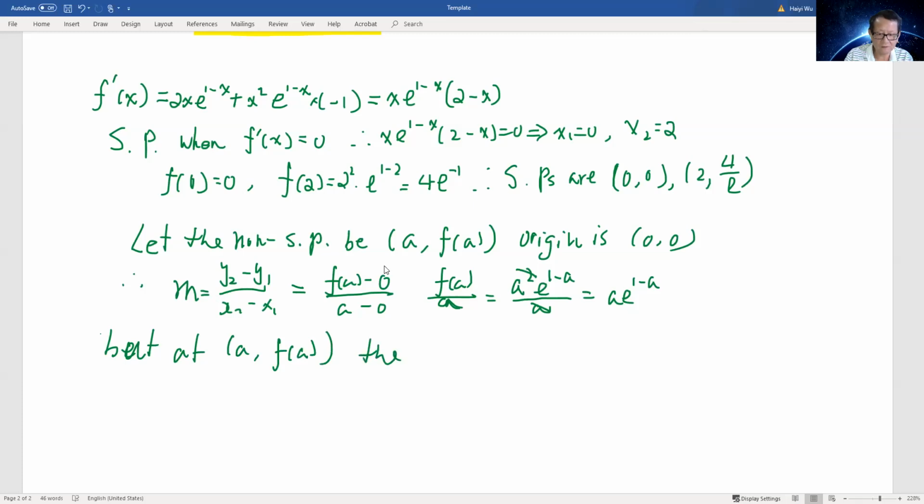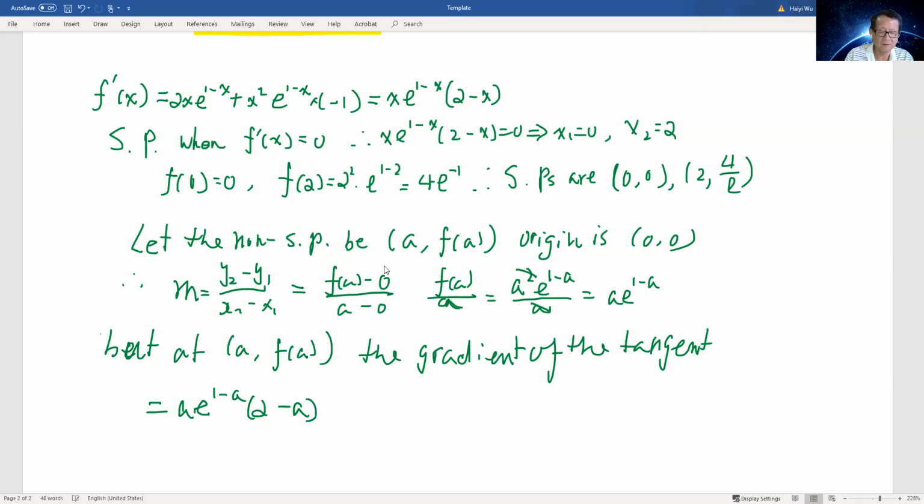The gradient of the tangent can also be equal to a to the power 1 minus a, divided by 1 minus a. So this is using this formula here.